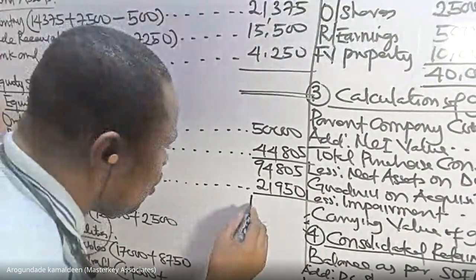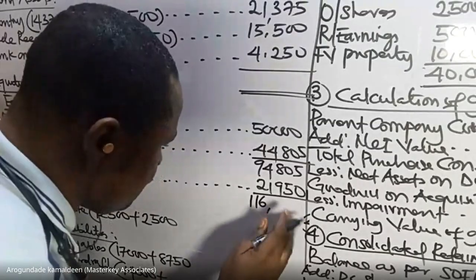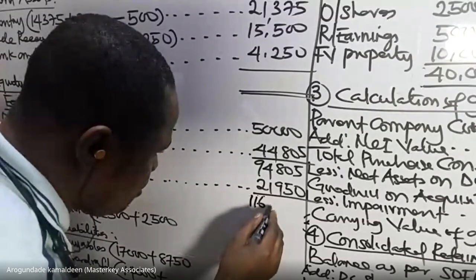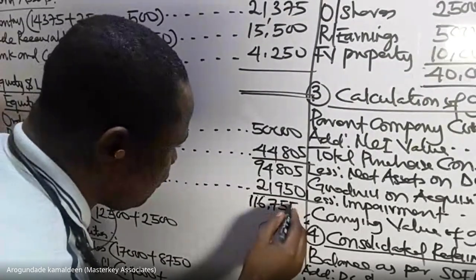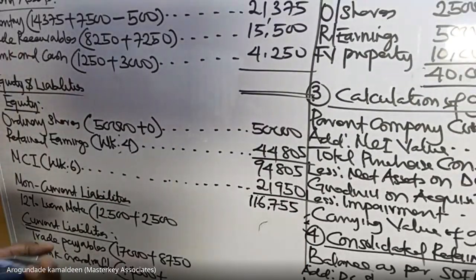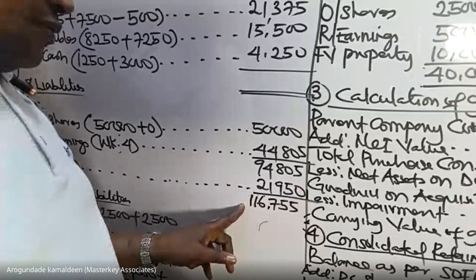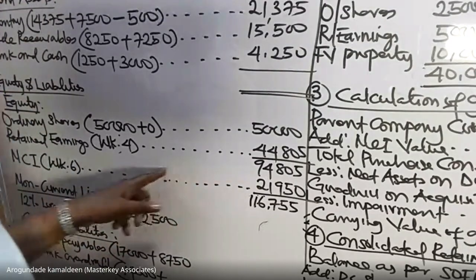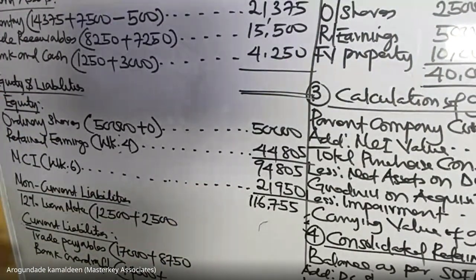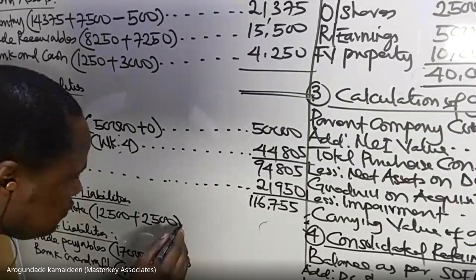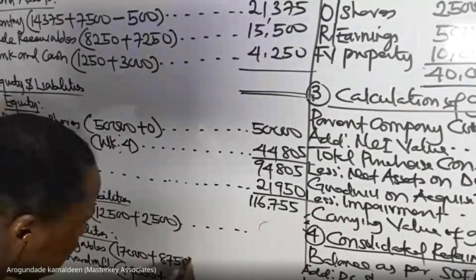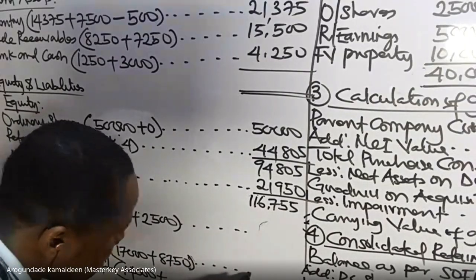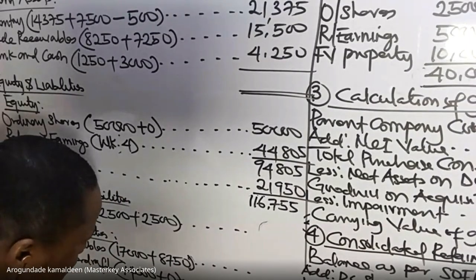There you are. 116,755. This is called group equity, the total equity of the group. This one is called the parent's equity. So there you have 0. Nothing comes here.